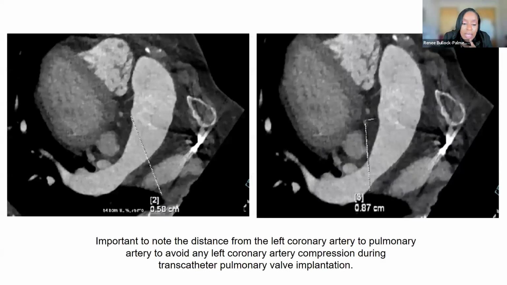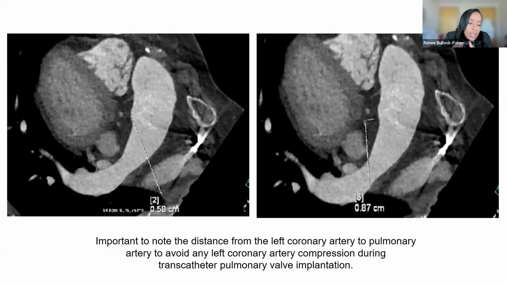The level at which the coronary is closest to the pulmonary artery is very important, because sometimes in these cases, when they go in with the percutaneous valve, there is a risk of compressing the coronary, and they can go into VTAC in the cath lab if this is not realized and not prepared for.